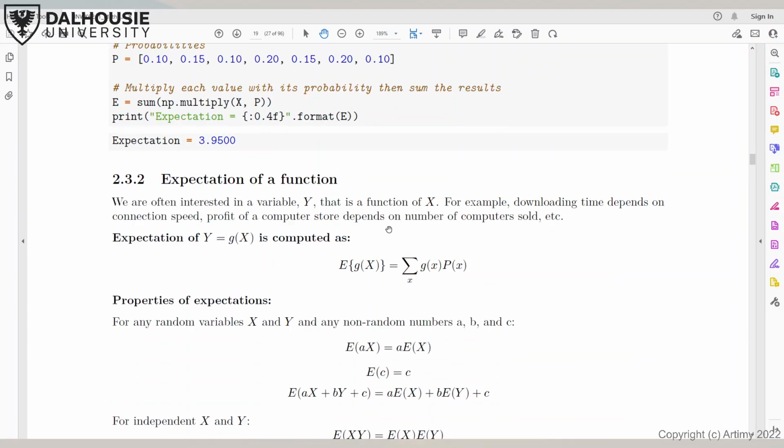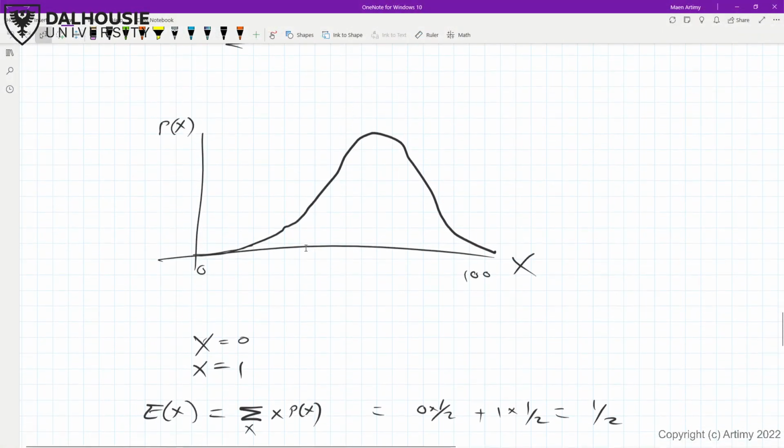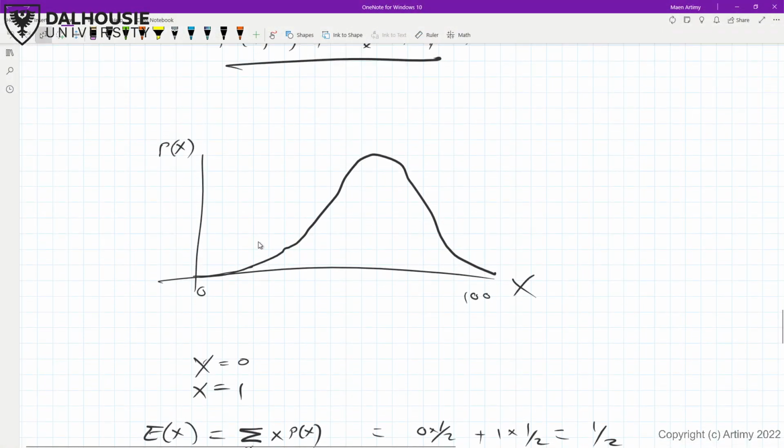Expectation by itself does not tell the whole story. How? Okay, so let's say back to this distribution. If I guess where the average is, I will say it's somewhere here, right? How about if the distribution looks like this? Still you can guess that the average is the green line. But in both cases, the average is the same.